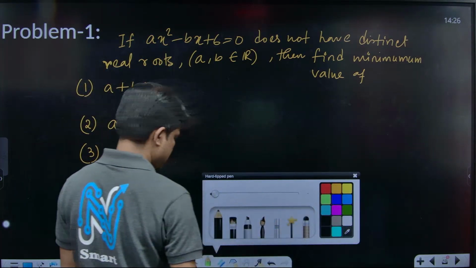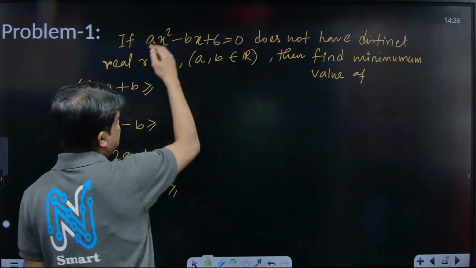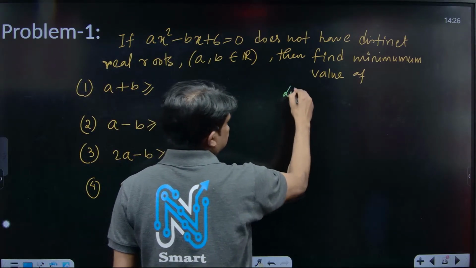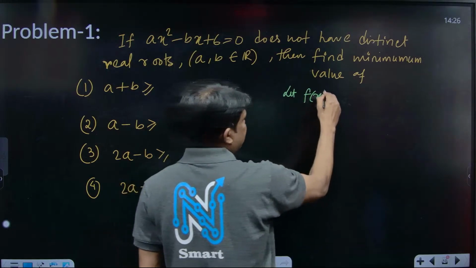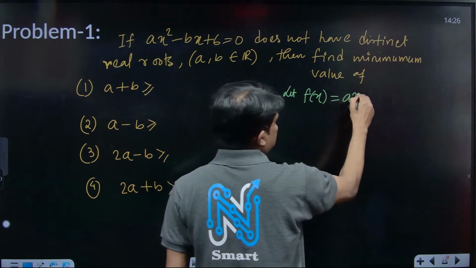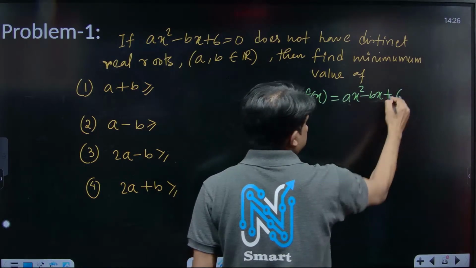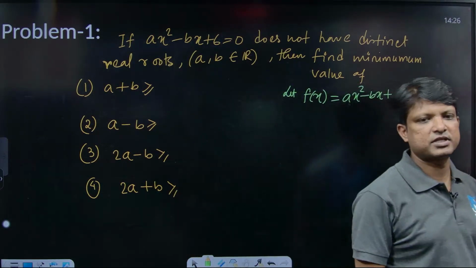Just assume f(x) is that quadratic expression. Let f(x) equal ax square minus bx plus 6 not have distinct real roots.